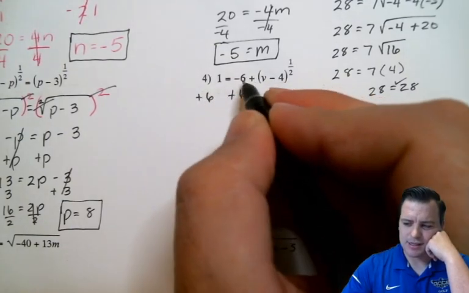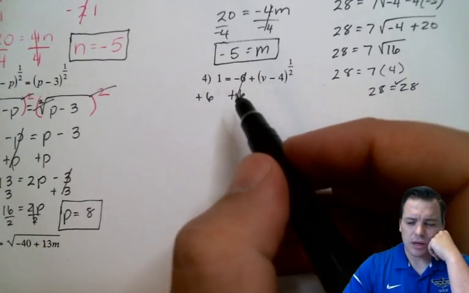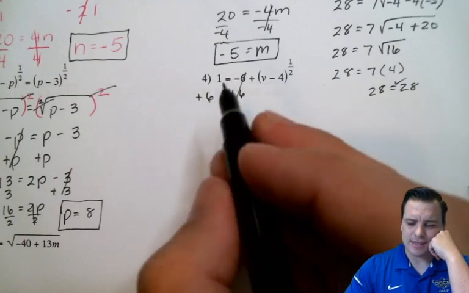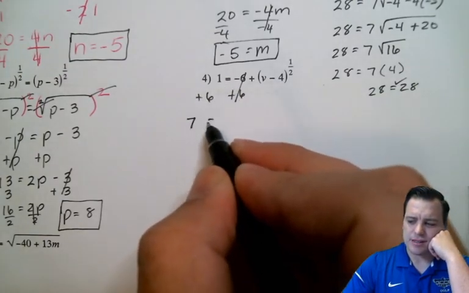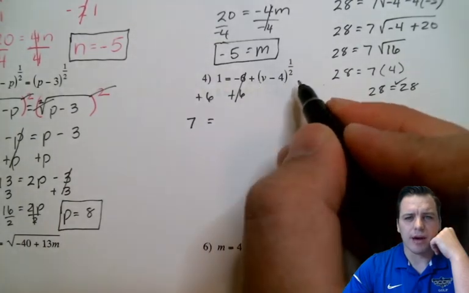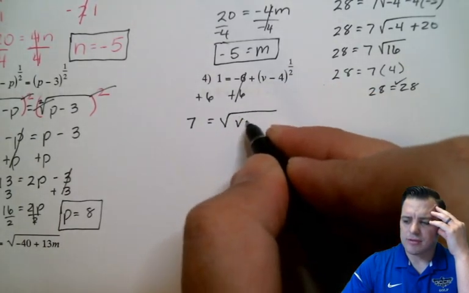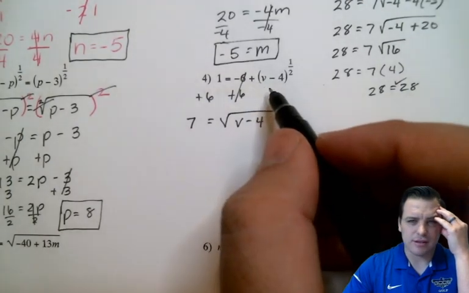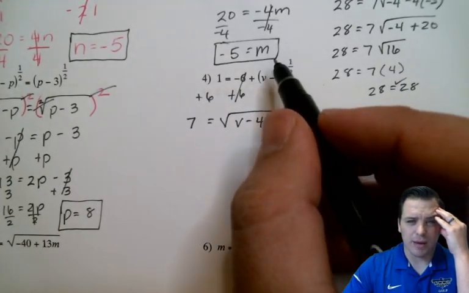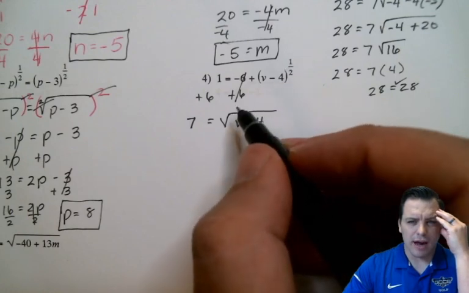So add 6, cancels. 1 plus 6 is 7, is then equal to, now watch, I'm going to rewrite this as the square root of v minus 4. Now again, we learned this last week, how you can go from exponential form to radical form.